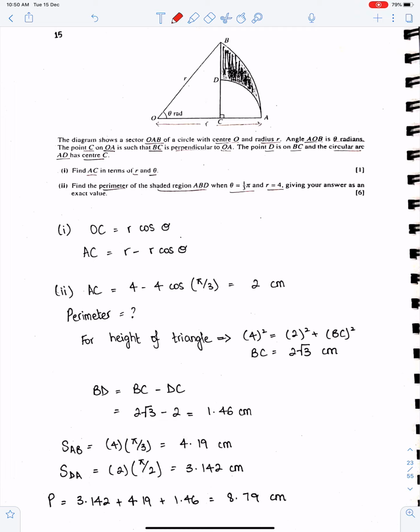Well, this arc has center O, and this is the quadrant. We need AC in terms of r and theta. This is the hypotenuse, and this is the theta. So this will be r cos theta, and this total BC length will be r sine theta.